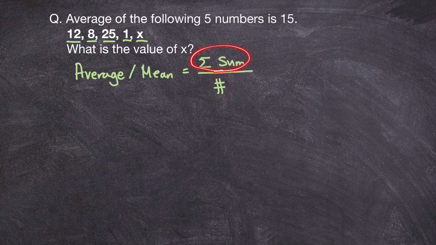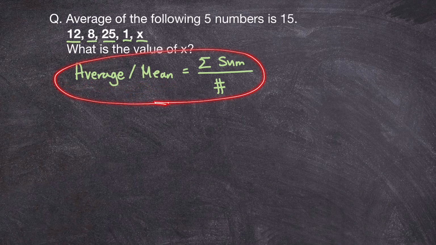And for the sum, I'm gonna have to add all these numbers. And the average of that is going to be equal to 15. So out of this mean formula, we can set up an equation where we can solve for x. So let's go ahead and do that. Our average is 15, so I'm going to put 15 here.